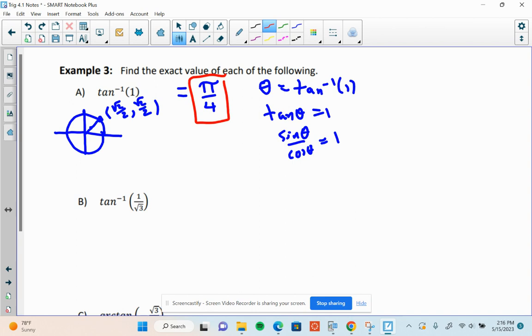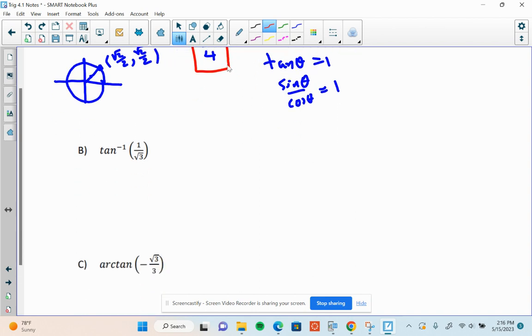Okay. All right, let's do tangent inverse of 1 over the square root of 3. So again, knowledge of our unit circle. Theta is going to be an angle whose tangent value is 1 over the square root of 3. So we're looking for a first quadrant angle.